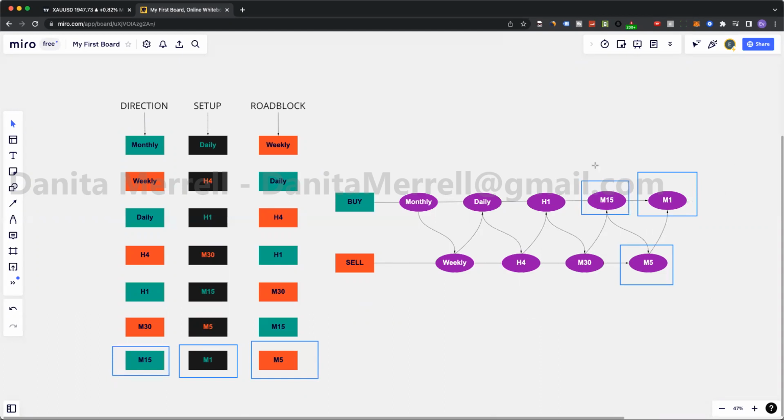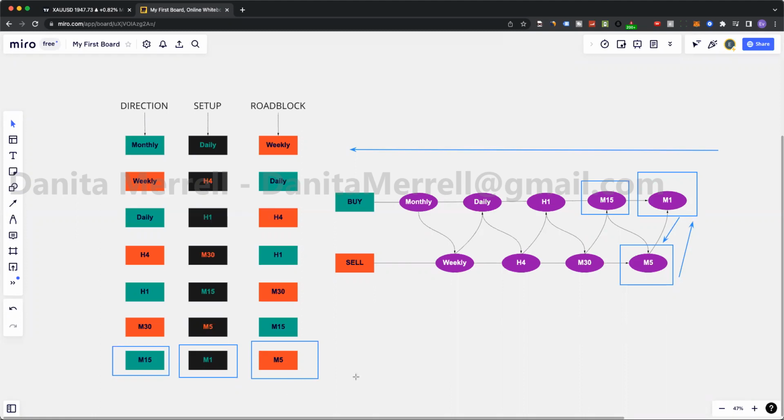So I am working this way down the chart. From M1, we need to break M5 to get to M15, right? If we break M5, I can take my entry from M1.